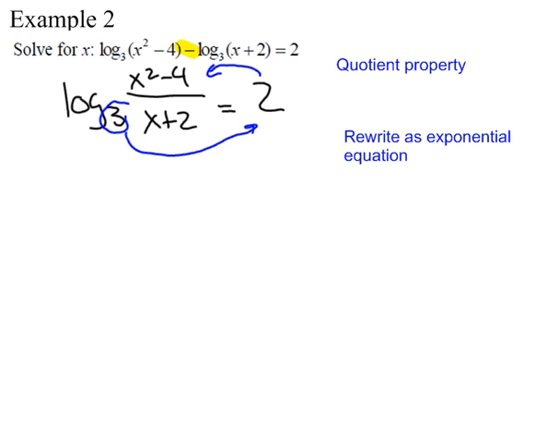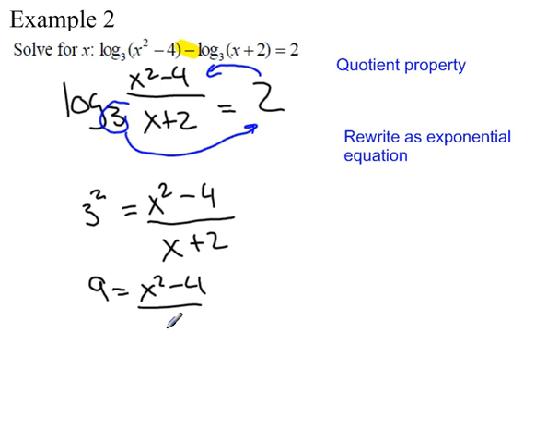So I get 3 squared equals x squared minus 4 over x plus 2. Well, that's just 9 equals x squared minus 4 over x plus 2.